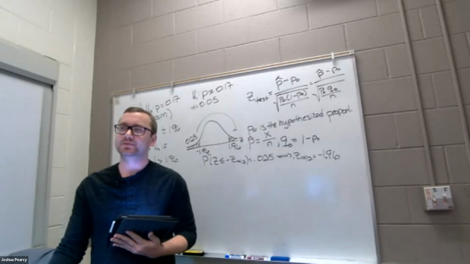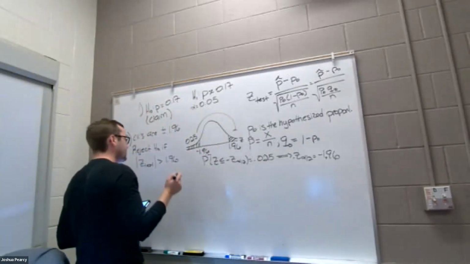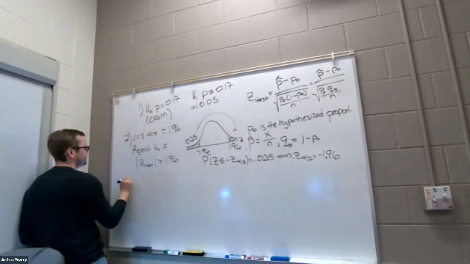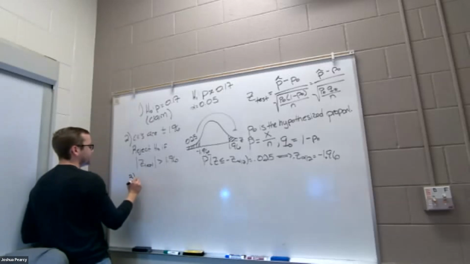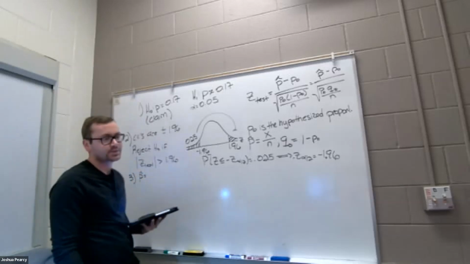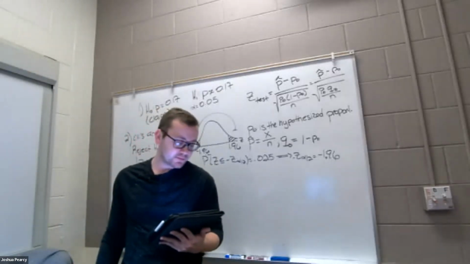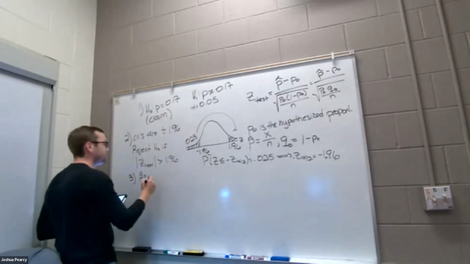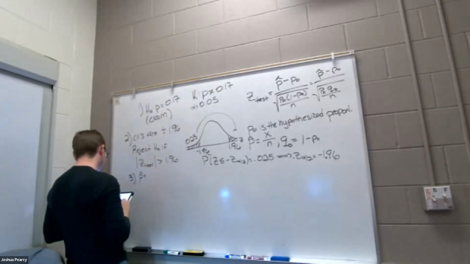Everyone okay with that? Then part 3, compute the test statistic and the corresponding p-value. First, you want to identify what p hat is. What do you think it is? Wait, no, it's not 0.17.